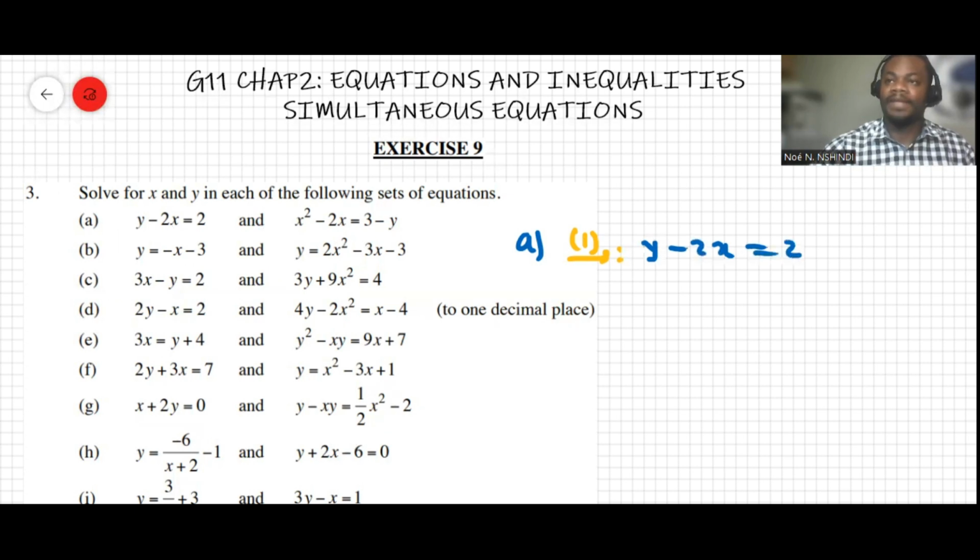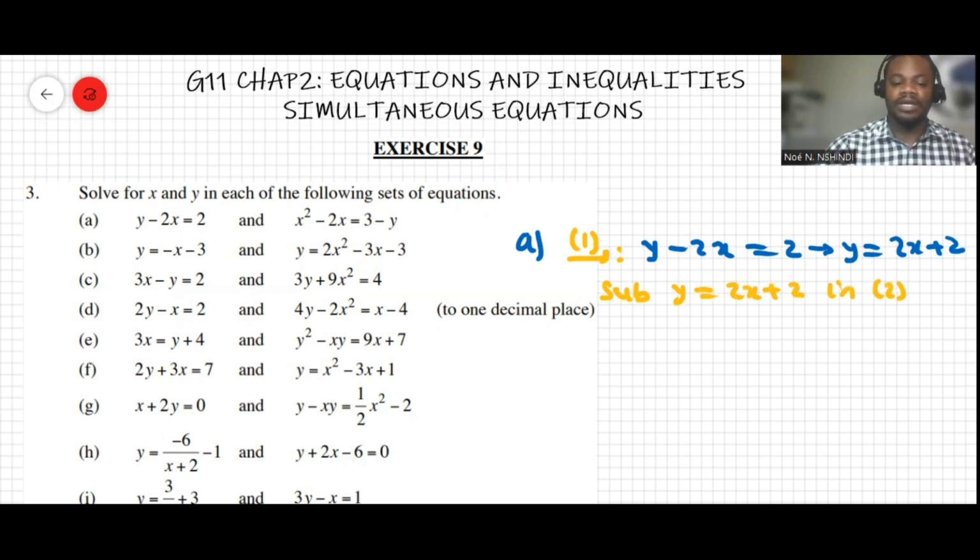Okay, I can move the negative 2x over, and this will become y equal to 2x plus 2. That's from equation 1. Now I'll sub y equal to 2x plus 2 in equation 2.